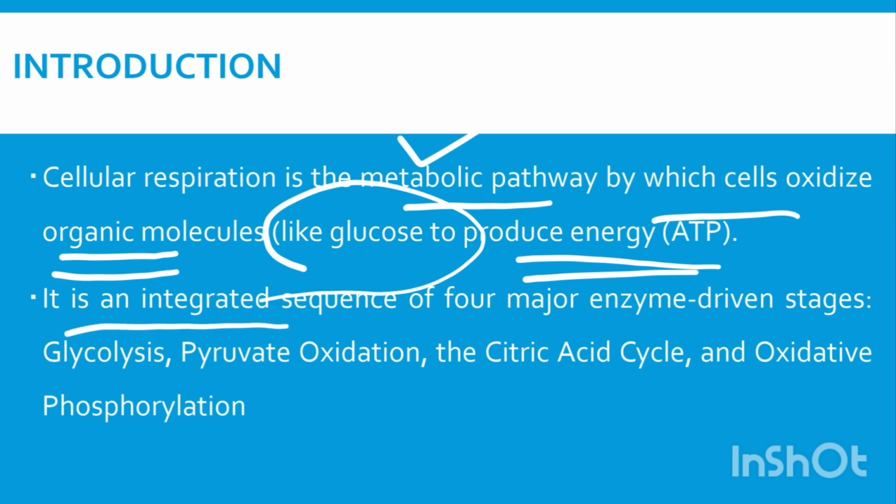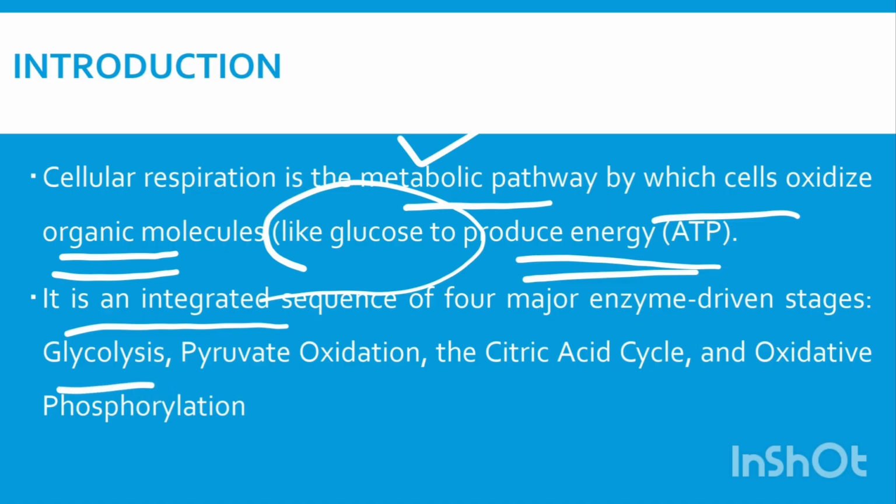It is an integrated sequence. So the whole process is an integrated sequence of 4 major enzyme driven stages. What is enzyme driven? That means in all steps this process requires some enzymes. So what are those 4 major steps?